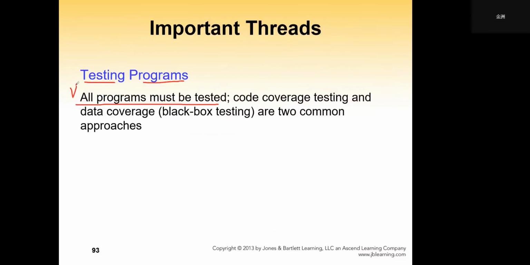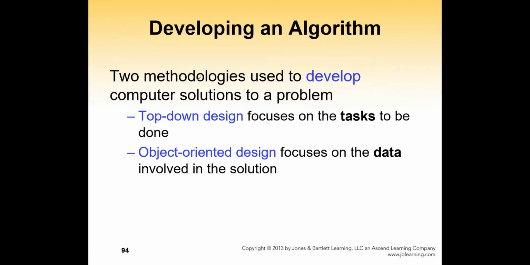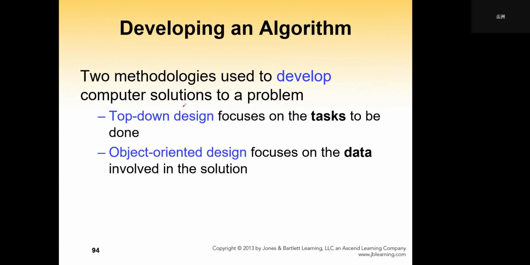And we talked about testing, that all programs must be tested. Then we designed code coverage and data coverage, and usually we use black box testing; these are two common approaches. And we also introduced two kinds of development methodologies to develop your program.